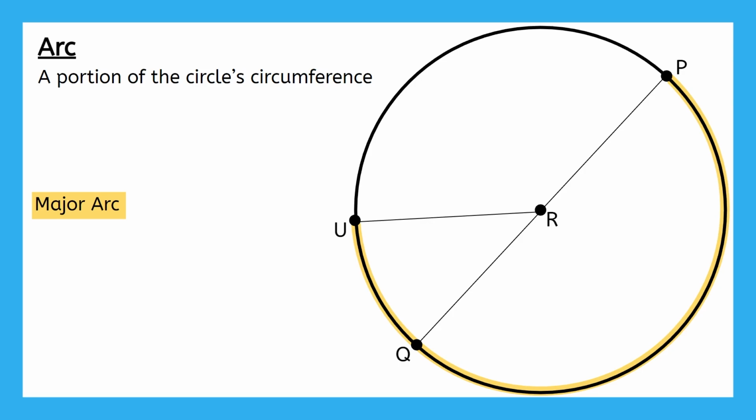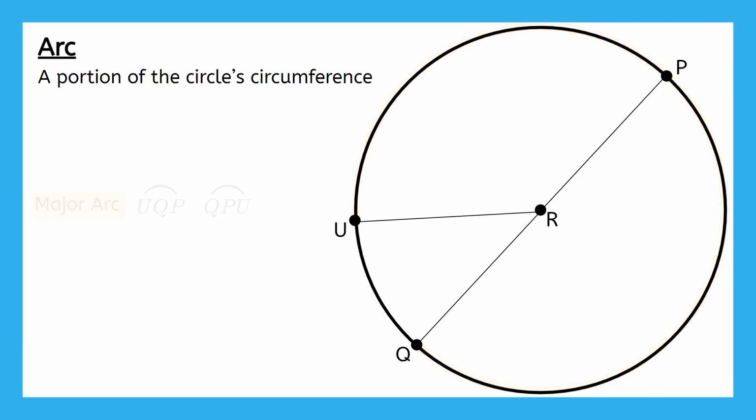Remember, if we just call it arc UP, people will think that we're talking about this minor arc. So we're going to need to use 3 points to name it. Yep, we can name it arc UQP or arc PQU. Can you name another major arc for this circle? Arc QPU or UPQ is also a major arc.